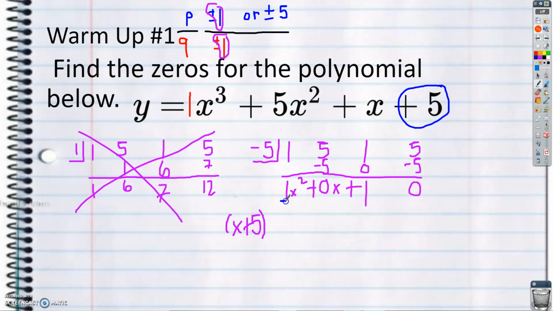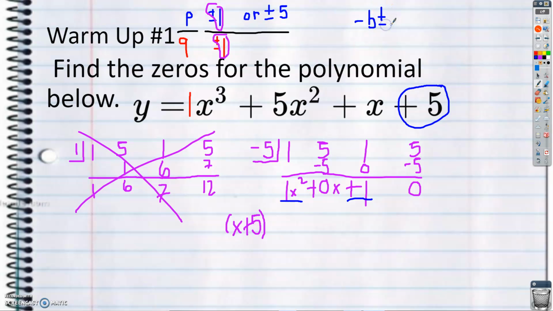So I'm going to try to think what two numbers multiplied together. So 1 times 1, and then it has to give me 0 in the middle, but I can't factor it with guess and check or with the X method, so that means I have to use the quadratic formula.